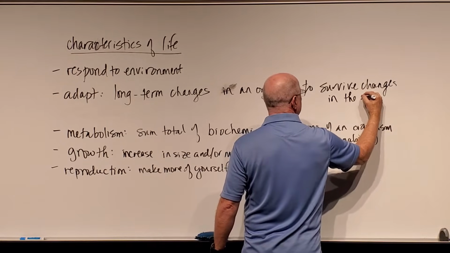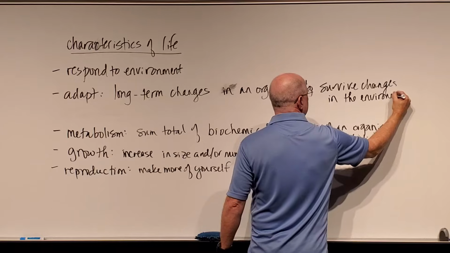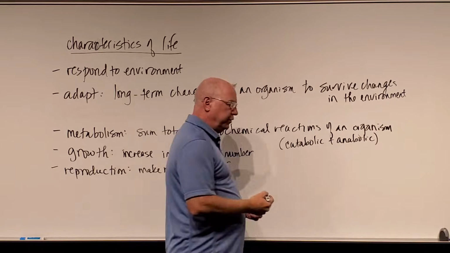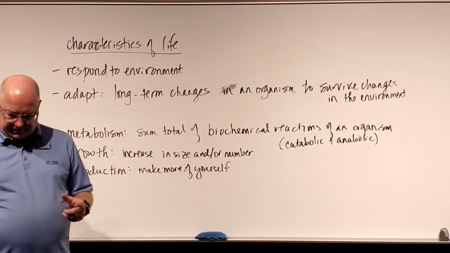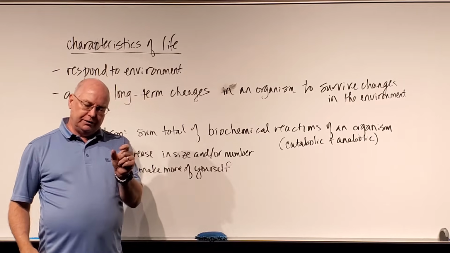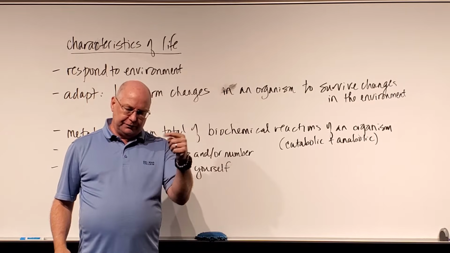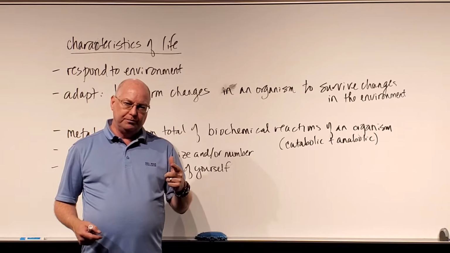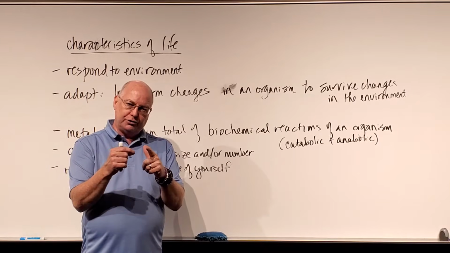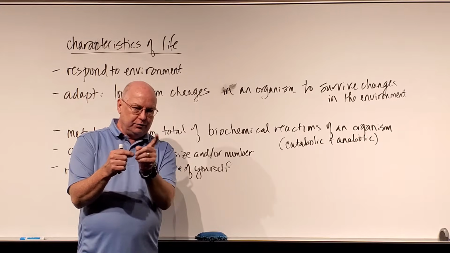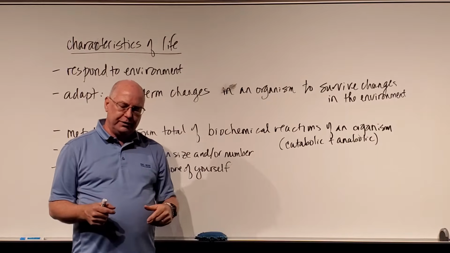So, for example, if there's a particular organism that has the ability for what we call motility, or to move, and it bumps into some predator, something that could kill it, it can respond by swimming away or moving away from that organism.